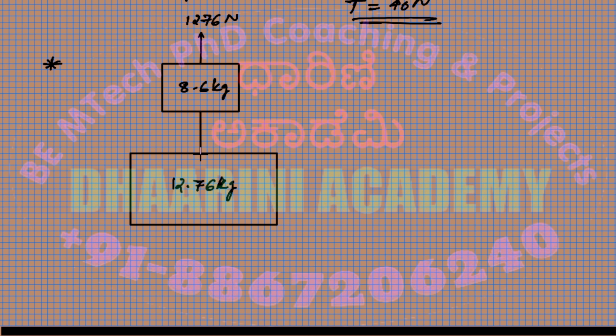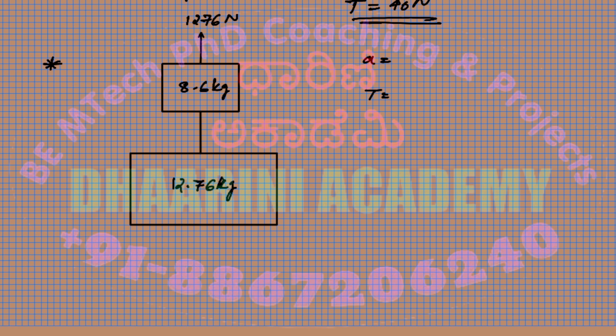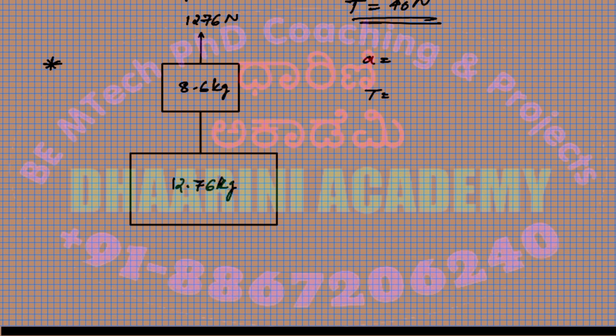Find the acceleration as well as the tension in the string. So find A and find T. Okay, when we solve, we get acceleration is equal to 40.73 meter per second square, right?